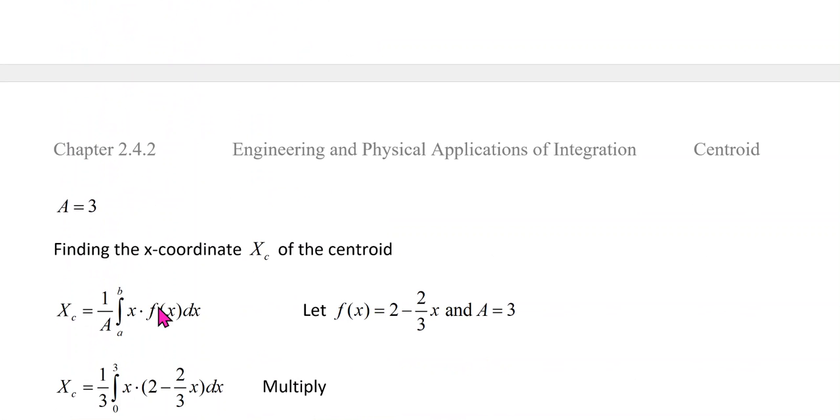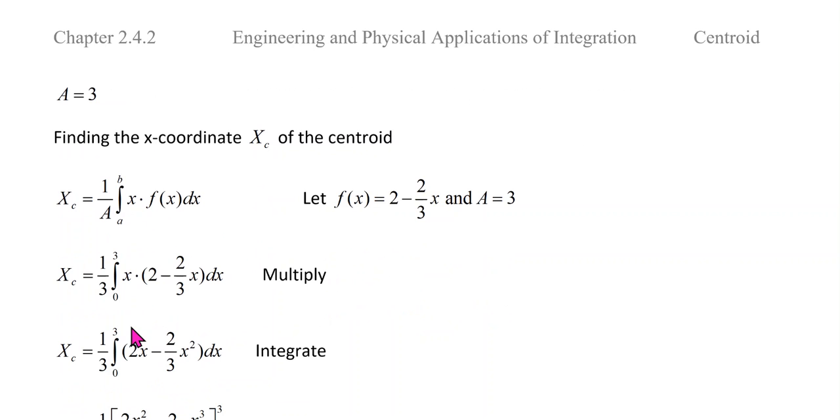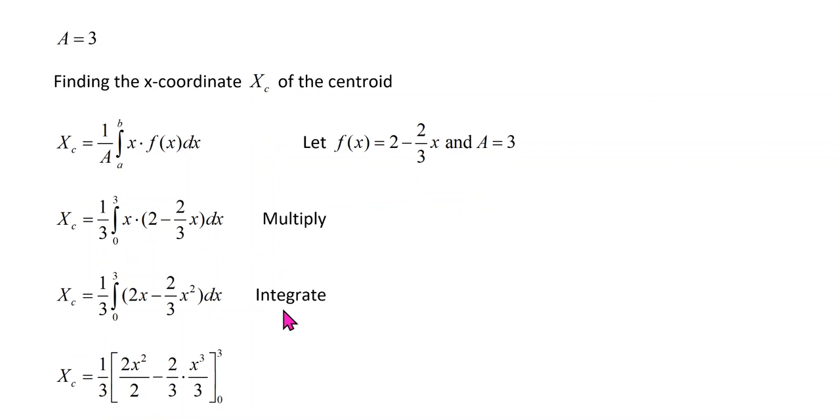So now we go to the next step. To find the x coordinate of the centroid, we know this is the formula. We know A, the area, is 3, so it's going to be 1/3 times the integral of x times f of x, which is 2 minus 2/3 x. We plug in f of x, and then we integrate the same way from 0 to 3. To integrate this, we distribute x to 2 and to 2/3 x, so we get 2x minus 2/3 x squared.